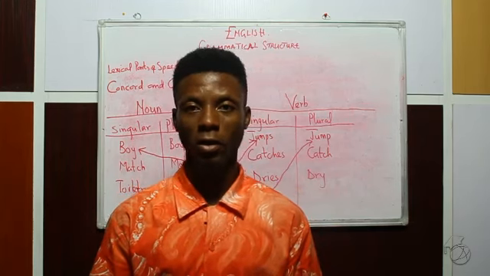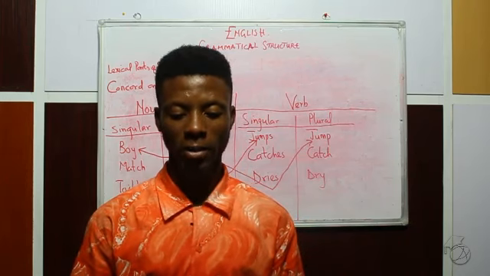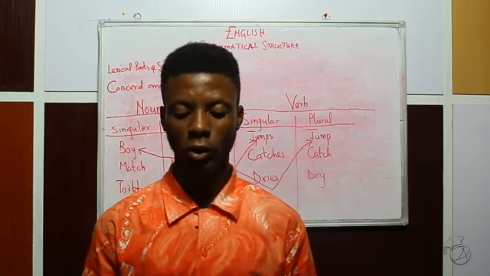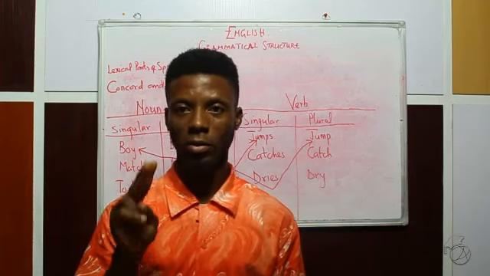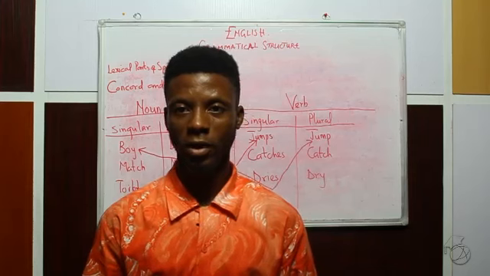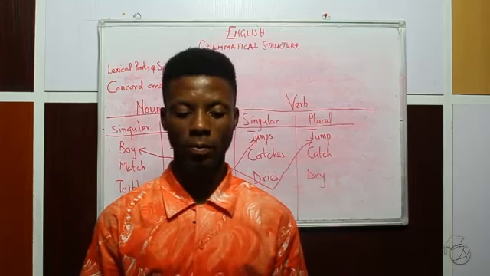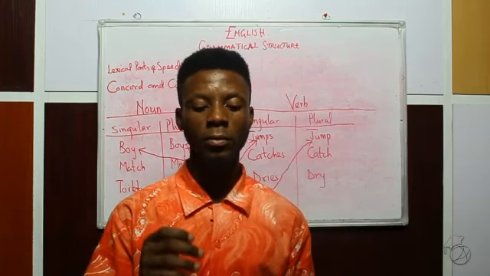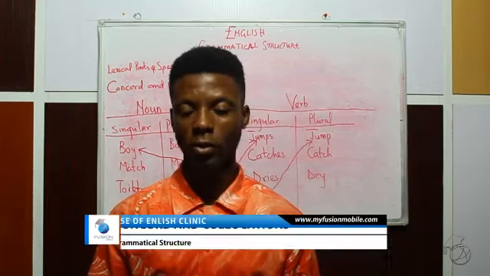It is a wrong sentence. You can also say John and James trek to school. John and James are two persons, and therefore they take a plural verb, trek. It is wrong to say James and John or John and James treks to school. It is very wrong.